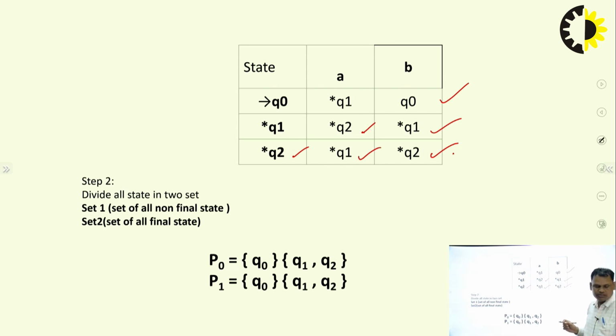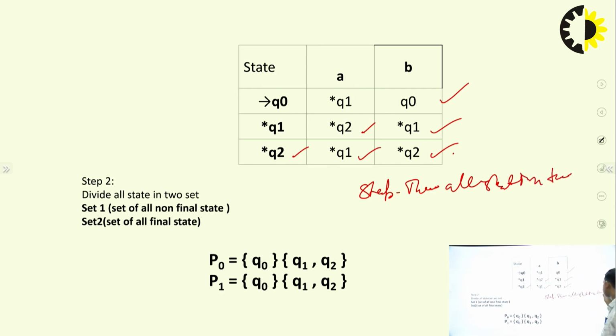Step number 2: divide into 2 sets. Divide all the states into 2 sets.